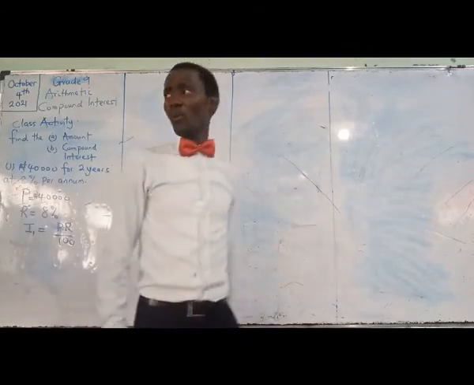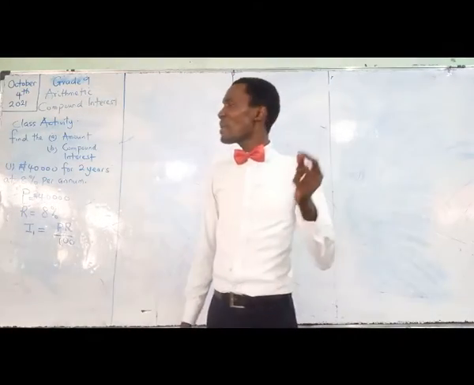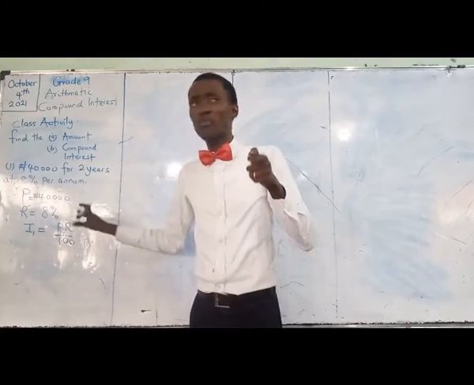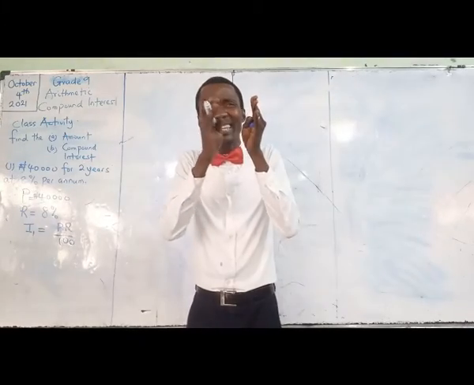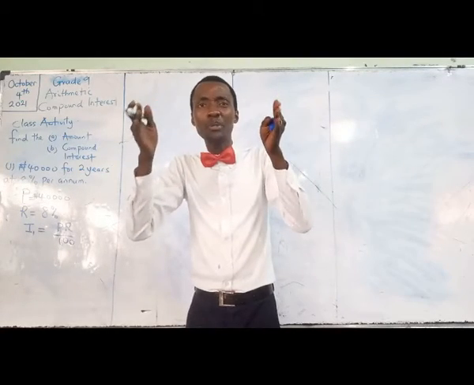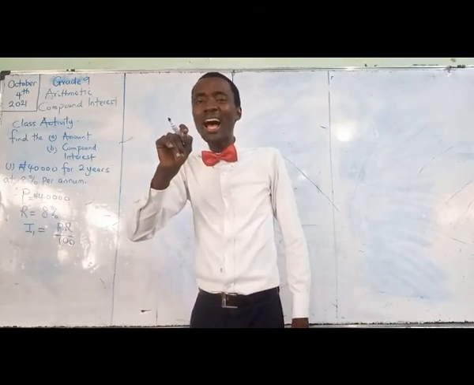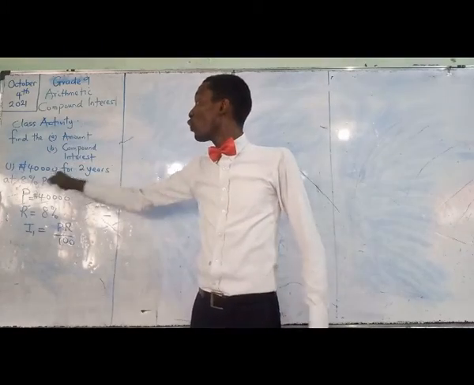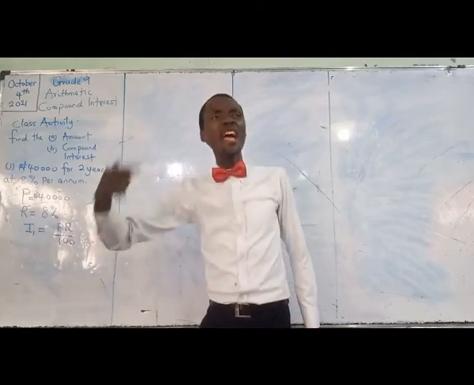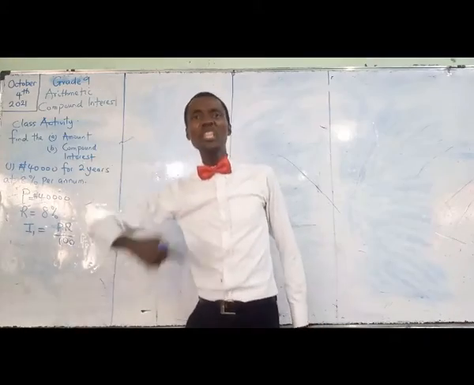Somebody say, what happened to the time? Remember I said earlier that what happens in compound interest is that we calculate the interest per the period. And because we are calculating interest for that period, we do not consider what? The full period. We look at what happens every interval, every year.